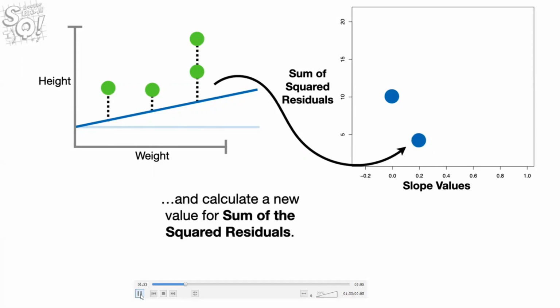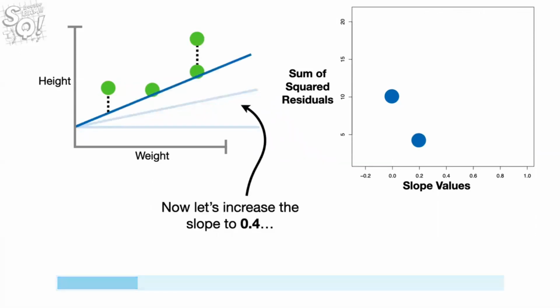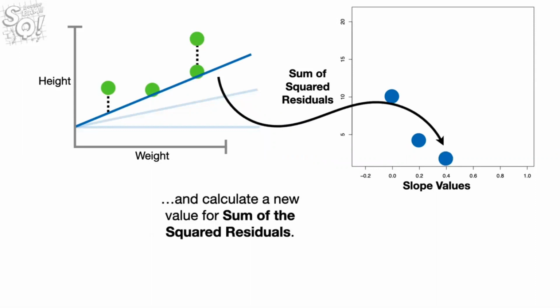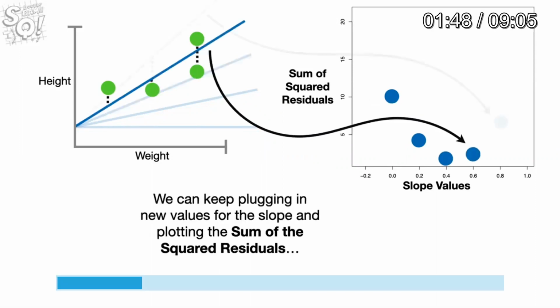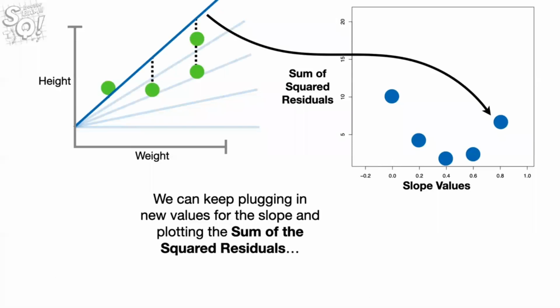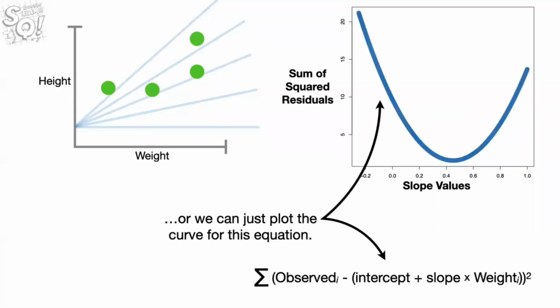And likewise, if I keep repeating this, let's say I increase the value of slope once again, and I once again plot the value of sum of squared residuals, and then I keep increasing and plot the error again. This is equivalent to plotting, so you'll end up having a parabolic curve, right?